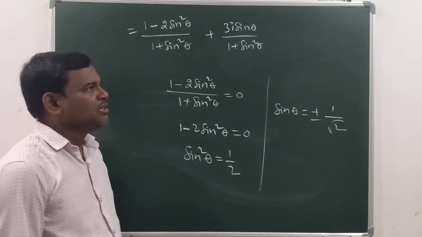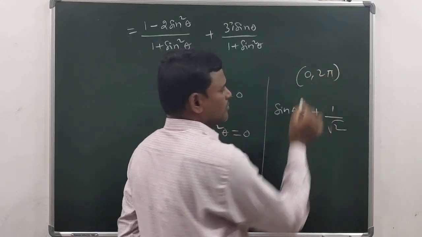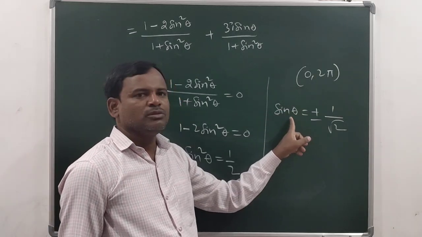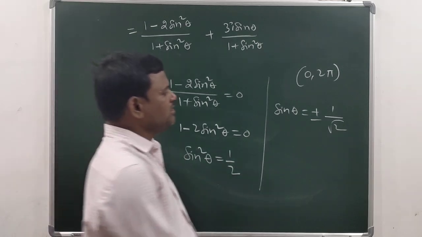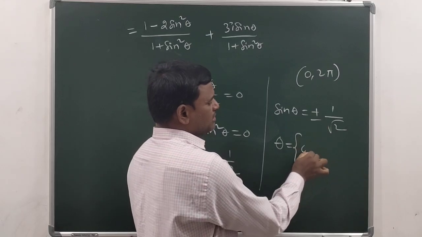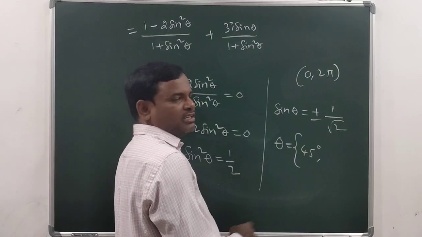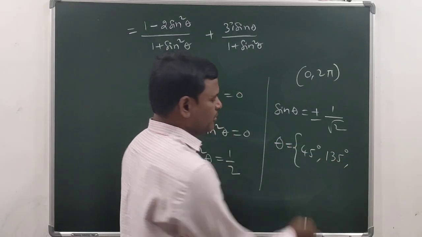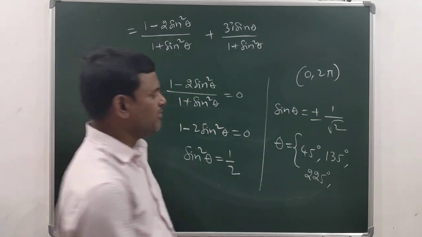Okay students, in the interval 0 to 2 pi, for which angles will this sine be given as 1 by root 2? When theta is 45 degrees, and in the second quadrant 135, in the third quadrant 225 degrees, in the fourth quadrant 315 degrees.